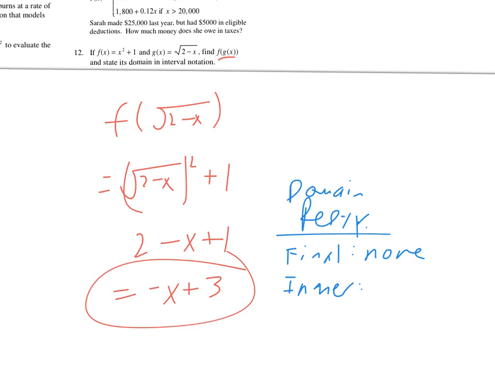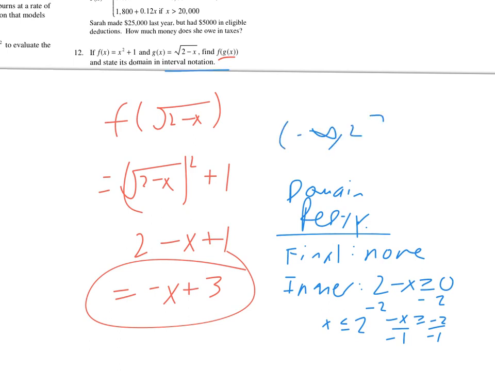However, my inner function here, I know that it has a square root, so the inside of the square root needs to be greater than or equal to 0. So I'm going to go ahead and solve this. So negative x greater than or equal to negative 2, and then x is actually less than or equal to 2. Now it asks for interval notation, so I'd say that's negative infinity to 2 bracket.